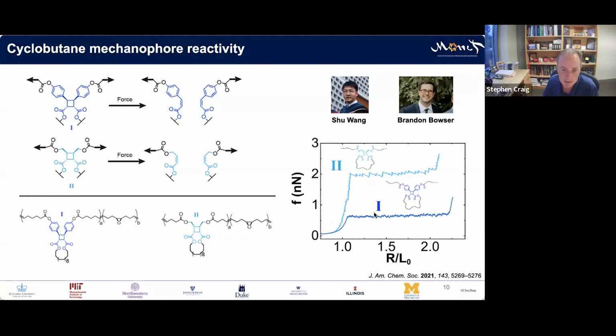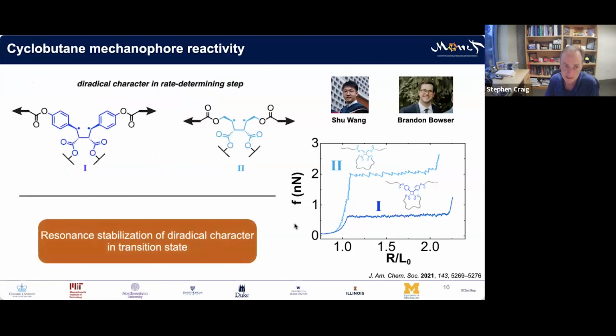What they saw was the expected extension plateaus, and they see very clearly that the mechanically coupled reactivity is quite different. If I have these aryl groups on those cyclobutanes, the force required to get that cyclobutane to break apart is much lower for the time scales here, which are around 10 to 100 milliseconds or so.